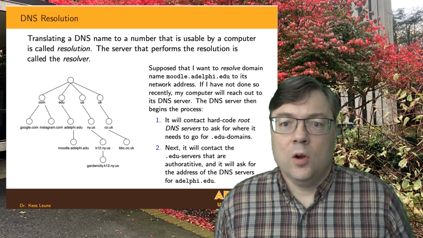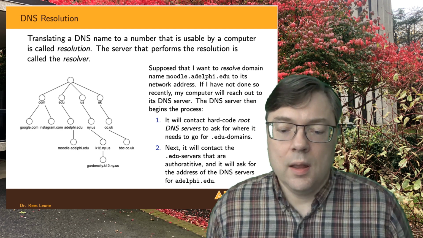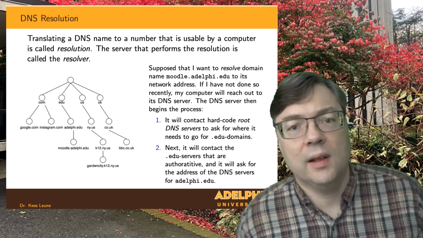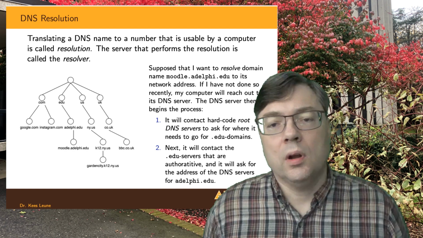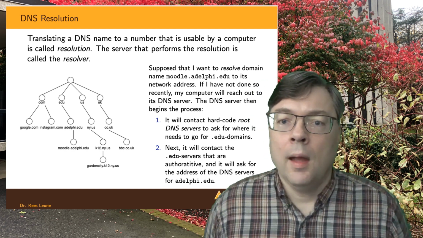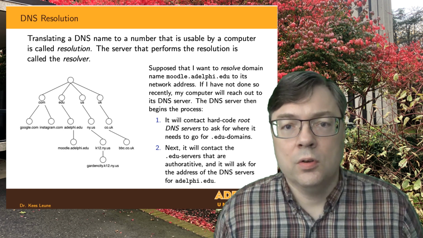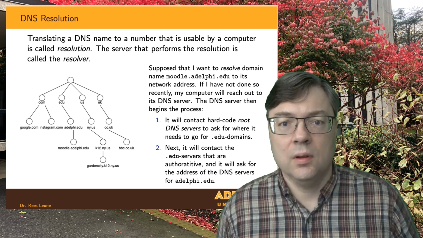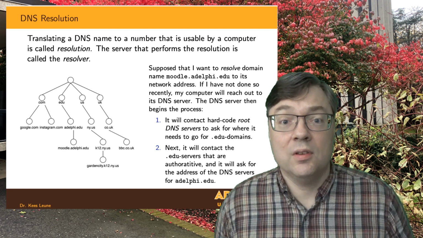Now, if I say that a computer likes to see a number and not a name, I need to have a mechanism to translate from the name to the number, and maybe even go back as well from the number to the name. And on the internet, that is called the domain name system. It is a massive database, but it's also a database that is distributed.